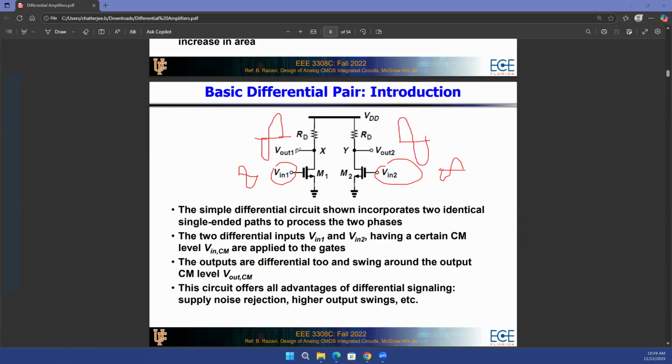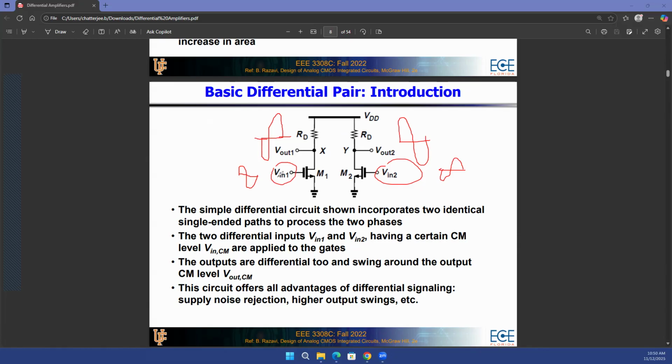And the differential version, that is V out 1 minus V out 2, will be double the amplitude of the individual V out 1 or V out 2. That is going to be your output. So this might seem like a general solution for a differential circuit. And if you say that, you are not wrong, it is a differential circuit. But there are some problems in this circuit.